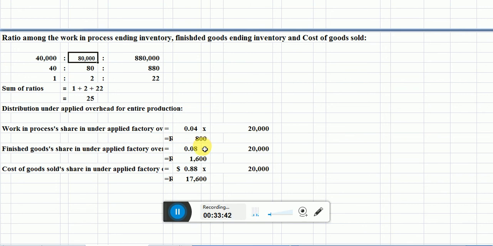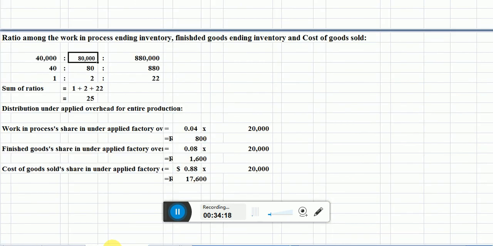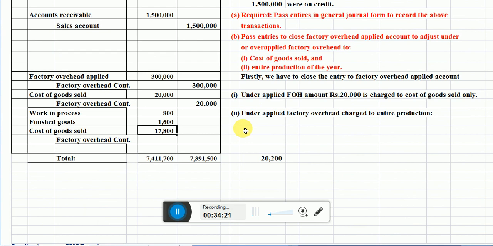Now we move 800 rupees to work in process here, 1,600 rupees to finished goods inventory, and 17,600 rupees, sorry, 17,600 rupees is the cost of goods sold here.